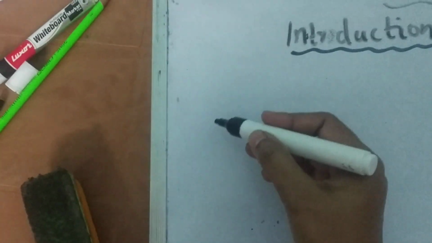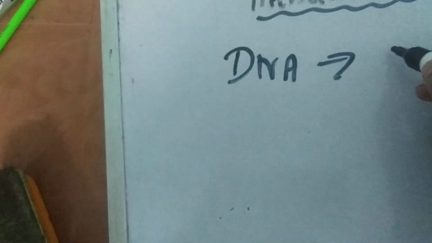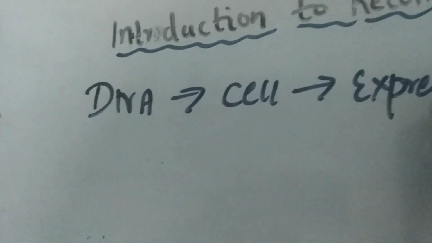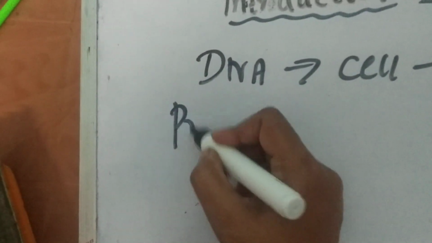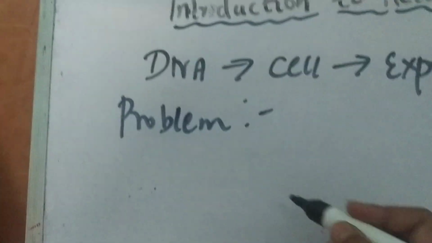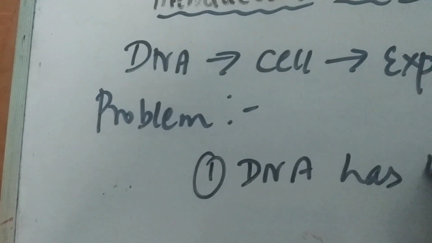Okay, so the scientists were not very successful in making any DNA enter into any cell, and they were not able to express it. The problem they were mainly coming across was, number one, the DNA has to enter the cell.